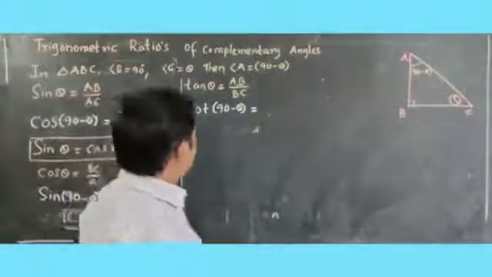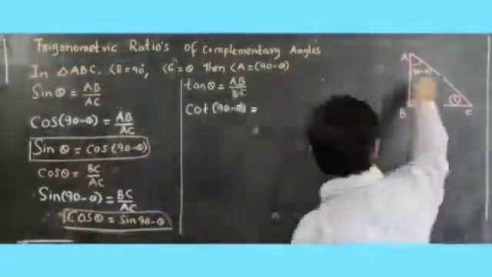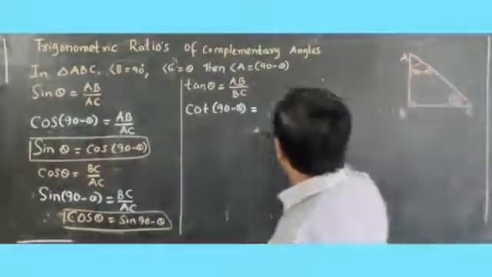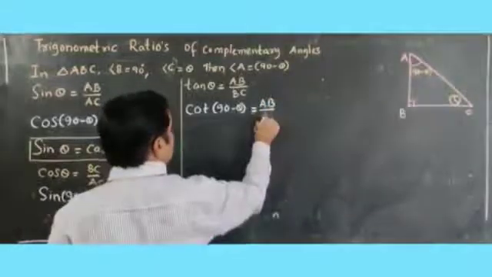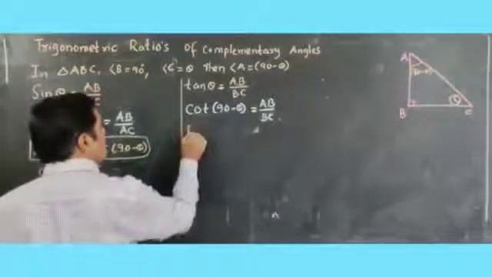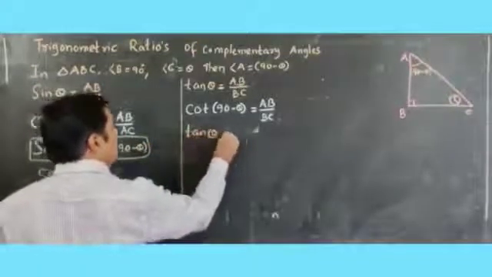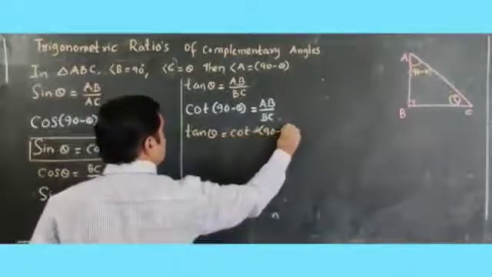What will be cot 90 minus theta? Cot 90 minus theta is adjacent side by opposite side. 90 minus theta's adjacent side is AB by opposite side BC. So what happened? Tan theta is equal to cot 90 minus theta.